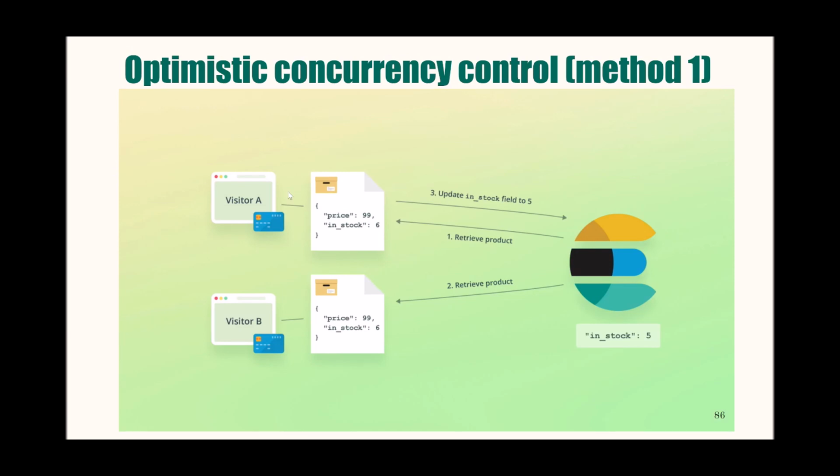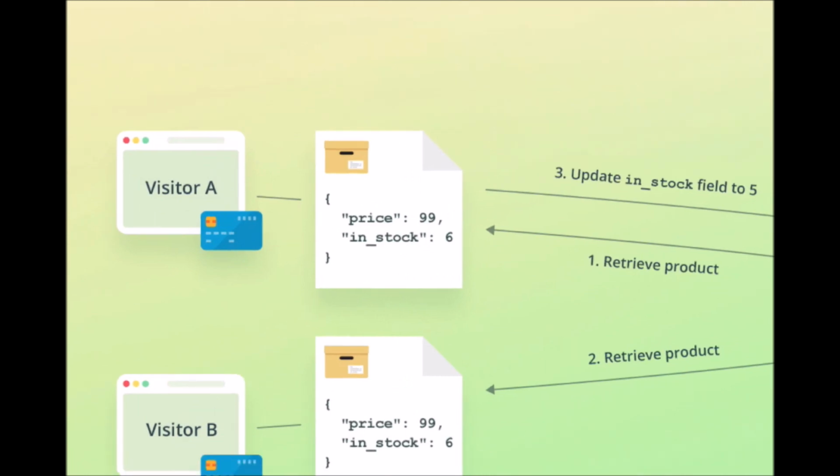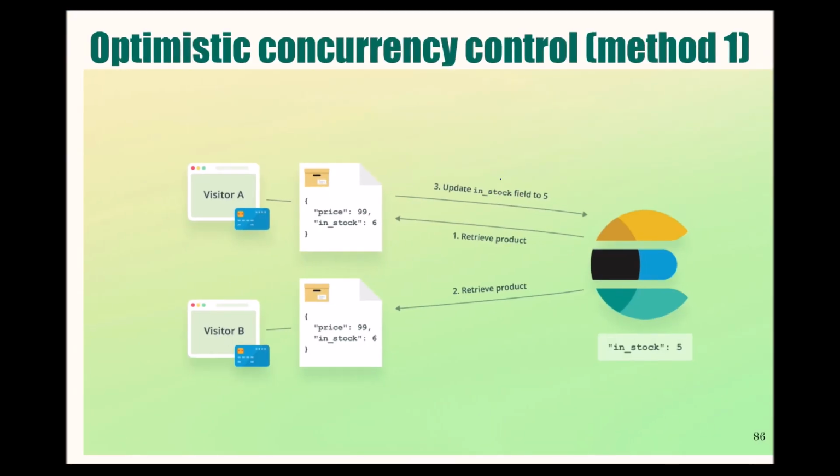So also one of the very important features of Elasticsearch is how it handles concurrency control. So what is concurrency control? Let's say that you have an e-commerce website, and you have two users trying to retrieve the same product.